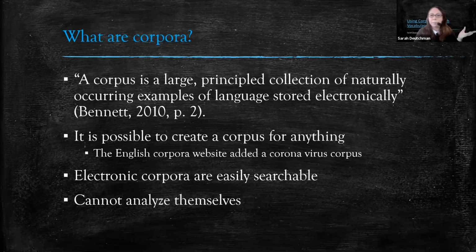So anything you want. And there's a lot of electronic corpora that are free and easily searchable. So you can look for word usage, etc. The problem with corpora is that corpora can't analyze themselves. You need to teach your students how to do it if you're using these.